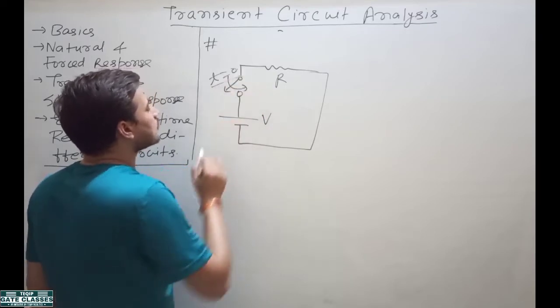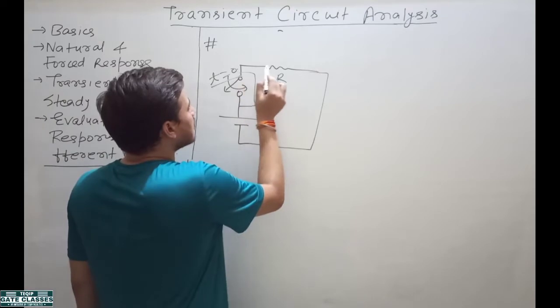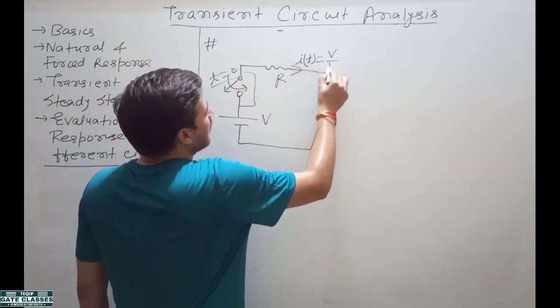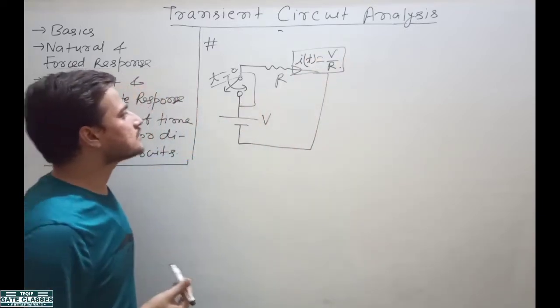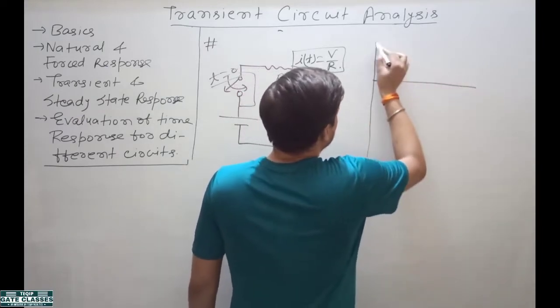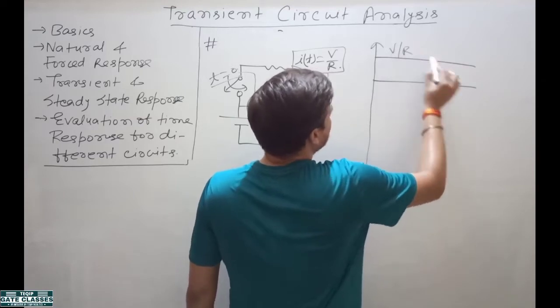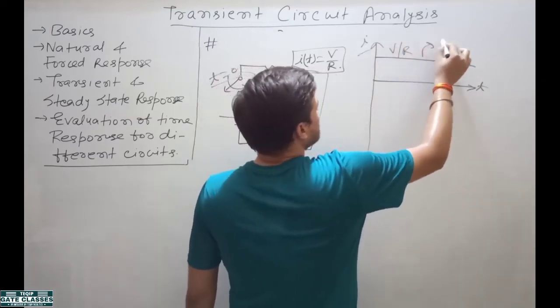When the switch is closed, you will see a current i(t) equal to V by R will start flowing at the moment switch is turned on. That means there will be the current like this. This current is V by R. This is time t. In the case of resistance.